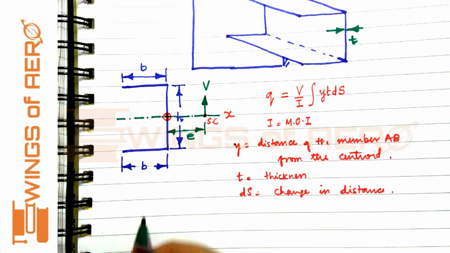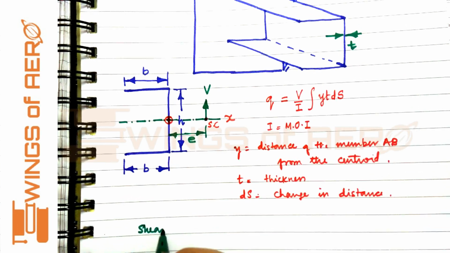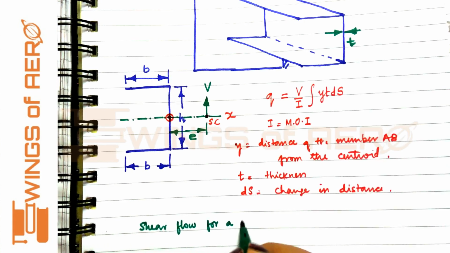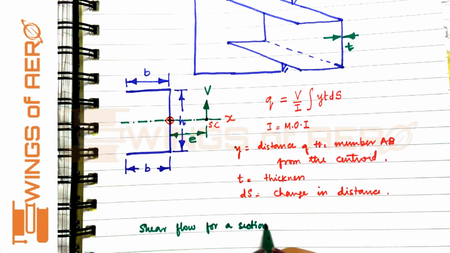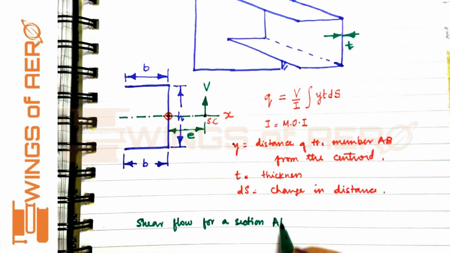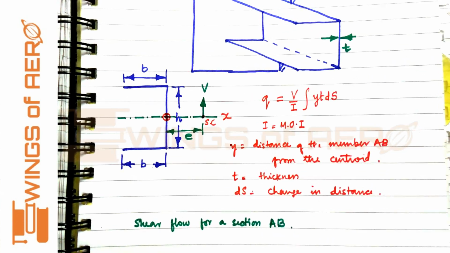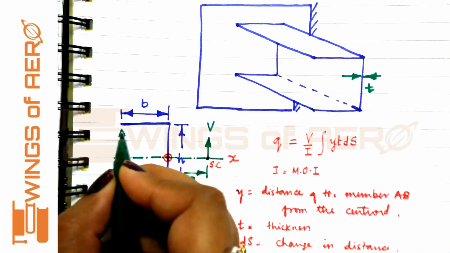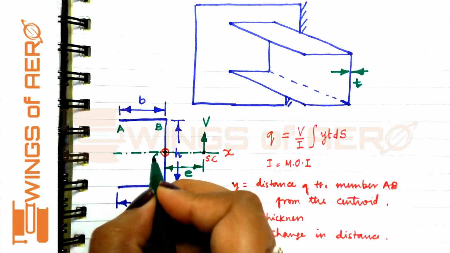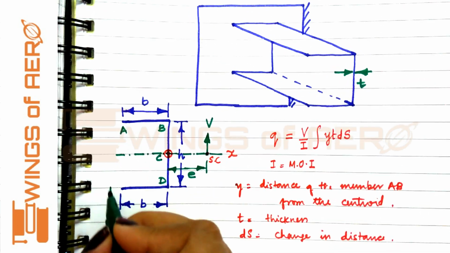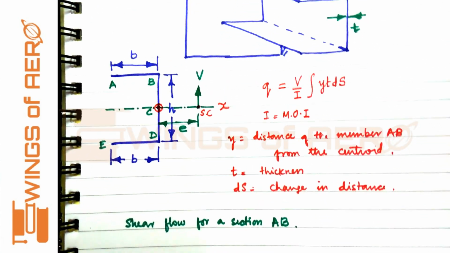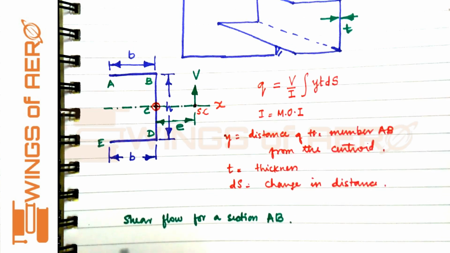Now we can find the shear flow for a section AB. Now what is AB? Let's name these elements A, B, C, D and E. Now we are taking this element AB.